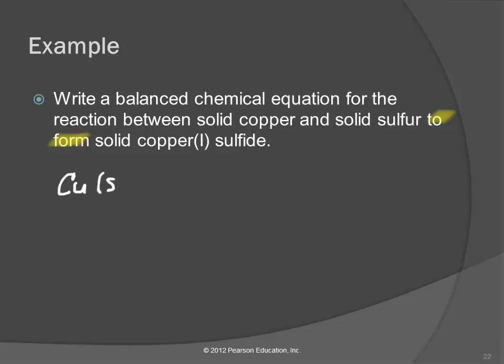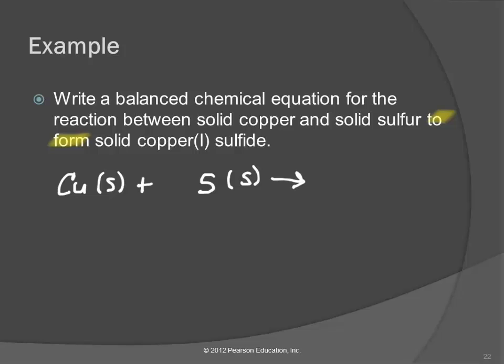So Cu(s), plus, I'm going to give myself a little space there in case I need to write a coefficient. Solid sulfur. Sulfur is S. Is sulfur one of the diatomic elements? Horses need oats for clear brown eyes. No, there was no S in there. So it's just S(s).